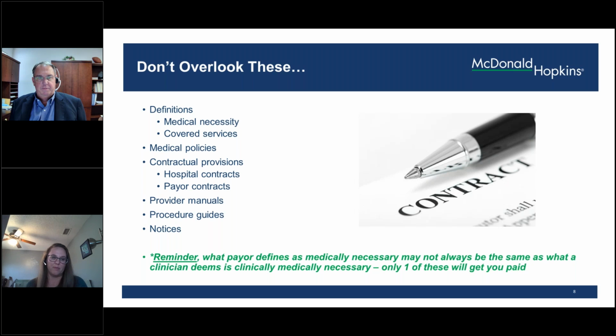Again, we've talked about provider manuals and procedure guides and notices, but those are all a variety of different areas that need to be reviewed when you're making decisions on how you provide the services and how you bill for them. So again, I just put this plug in again.